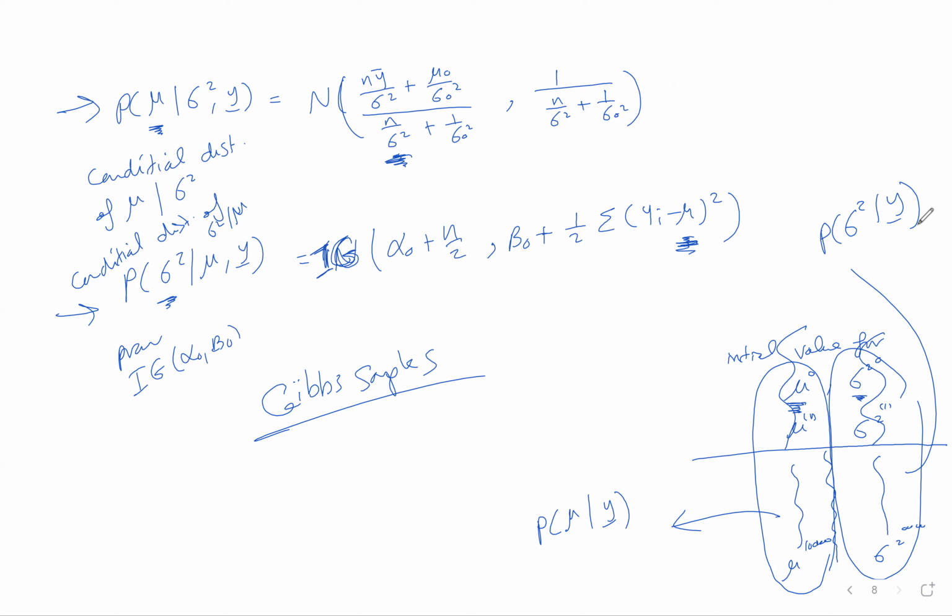So after some number of iterations, the values we randomly selected from the conditional distributions don't depend on the other parameters. So now if I have a random sample from the posterior distribution of mu and a random sample from the posterior distribution of sigma square, I can do whatever I want. You don't need to give me the function of probability of mu given y and the function of probability of sigma square given y. You give me random samples from these distributions, these posterior distributions.